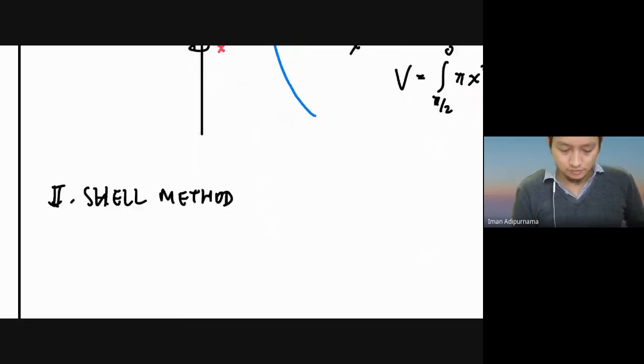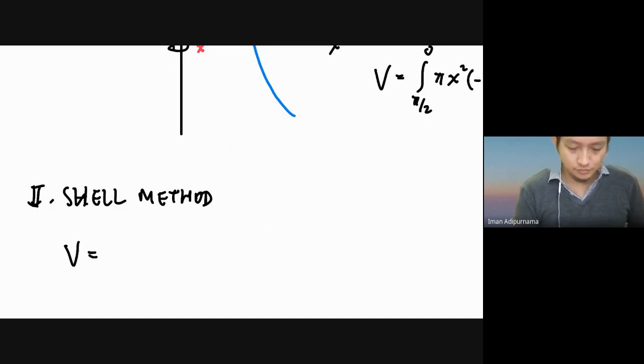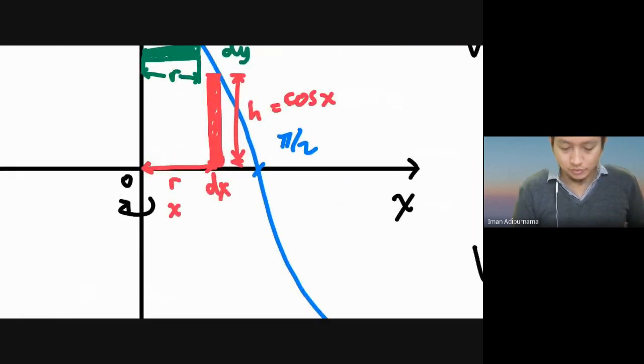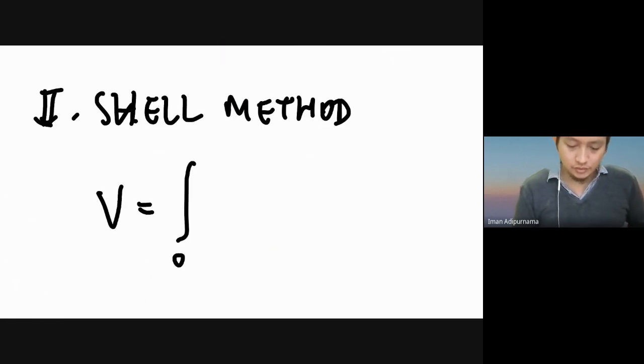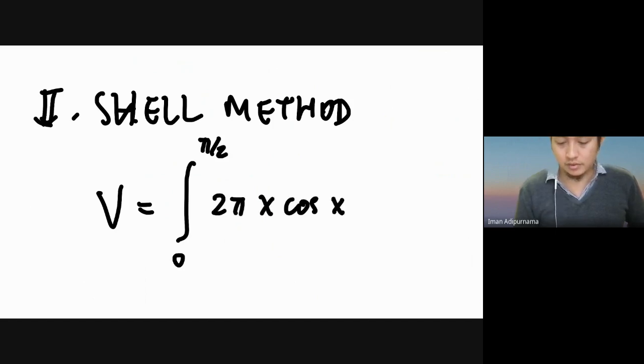So for the volume, we are just going to evaluate from 0 to pi over 2 in the x interval. So we are going to evaluate 2 pi x cos x. Okay, I think it's more simple because you don't really need to change the y and x.